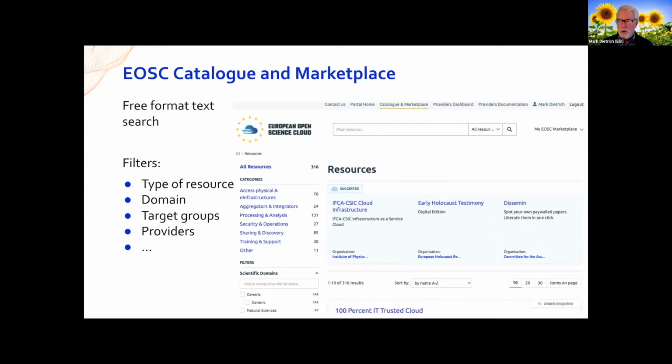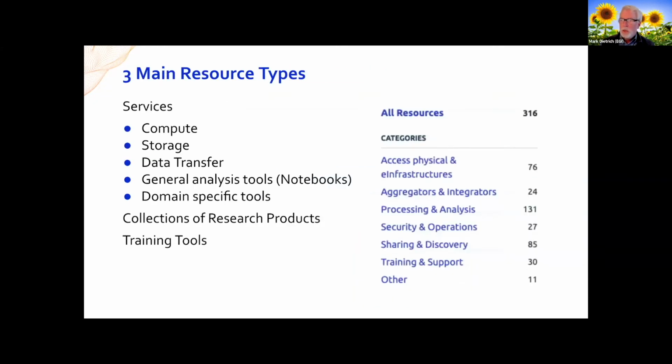You can do a free format text search. You can use various filters to select the type of resource, the domain, target groups the resource might be created for, who is providing the resource, etc. So lots of ways of finding resources.